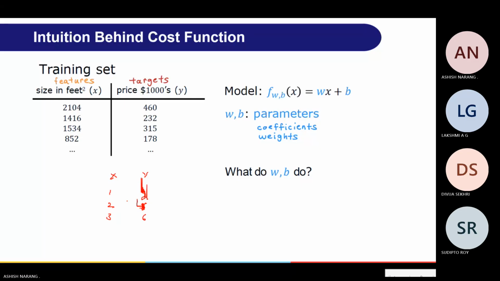X is this, Y is this. Model parameters you already know. This is my input, this is my output. I am taking only one feature, so let us say y is theta 0 plus theta 1 x. These are the two model parameters that I want to learn.